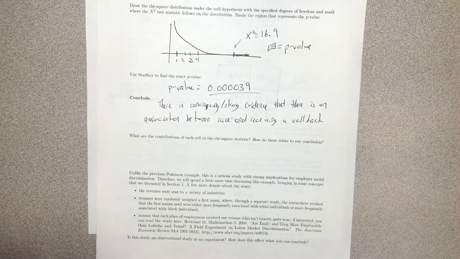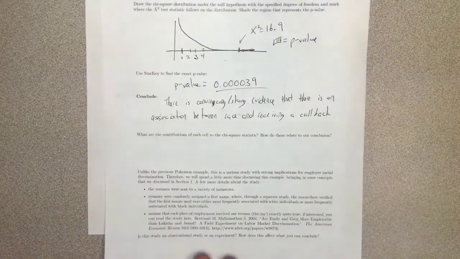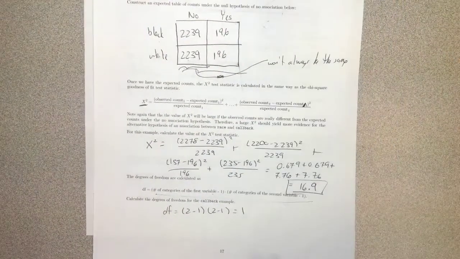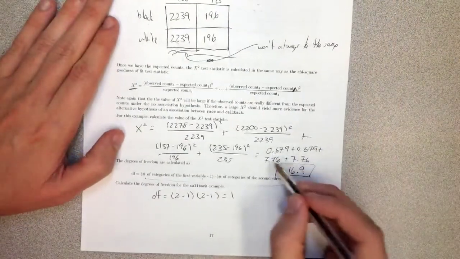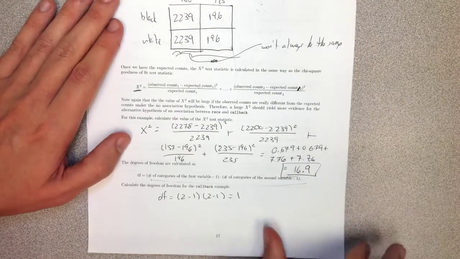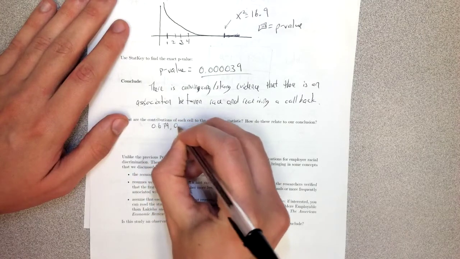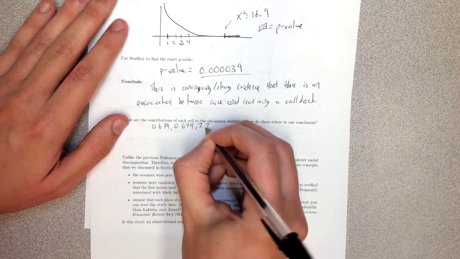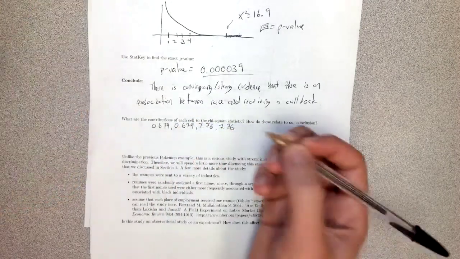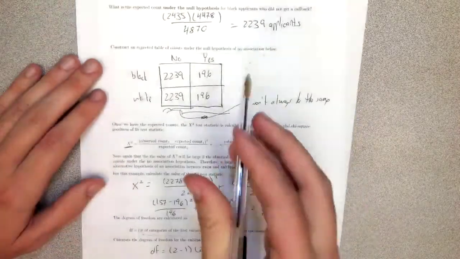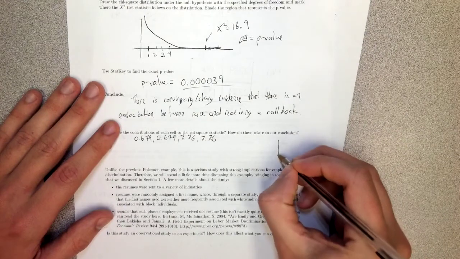Just like what we did for the chi-square goodness of fit test, we could also look at the contributions of each cell, which I wrote out here. They're 0.679, 0.679, 7.76, 7.76. We could put these in a little table.